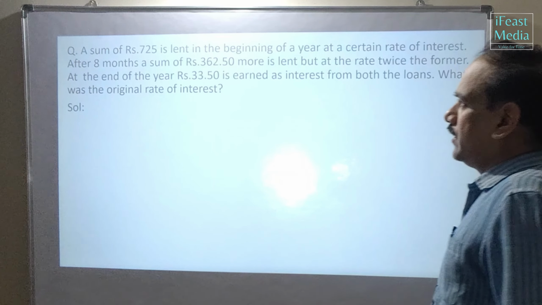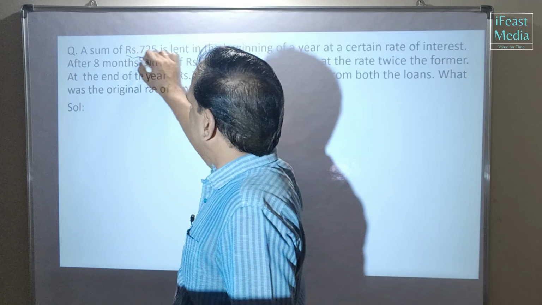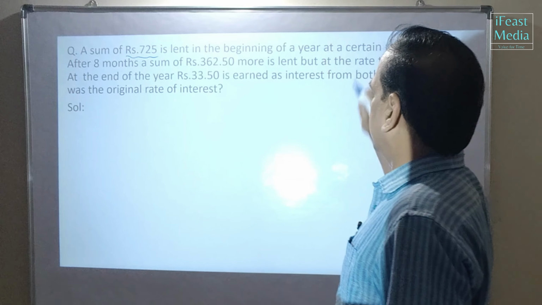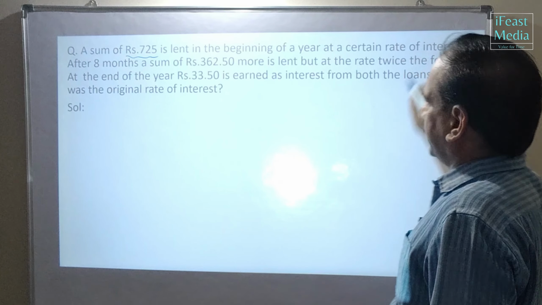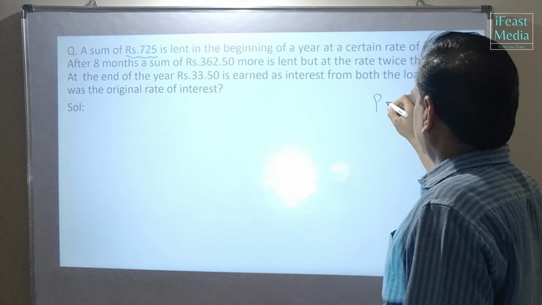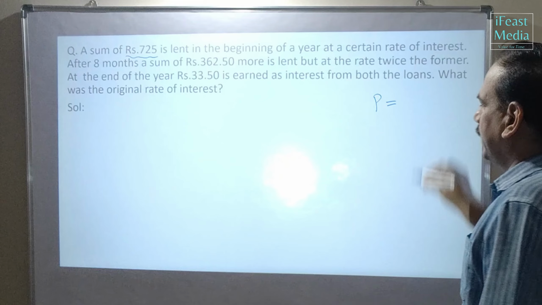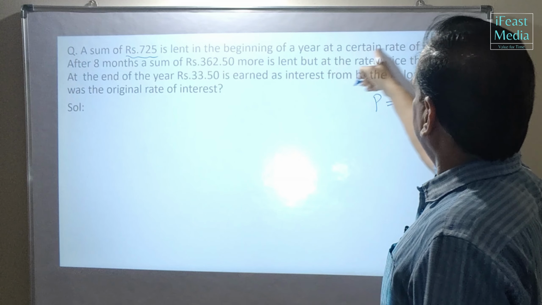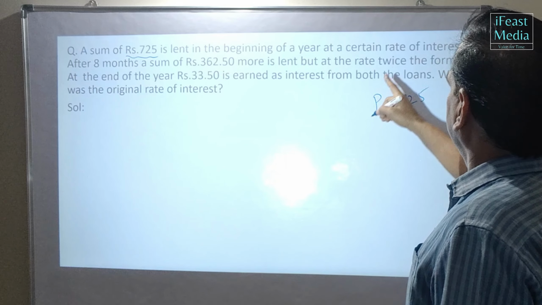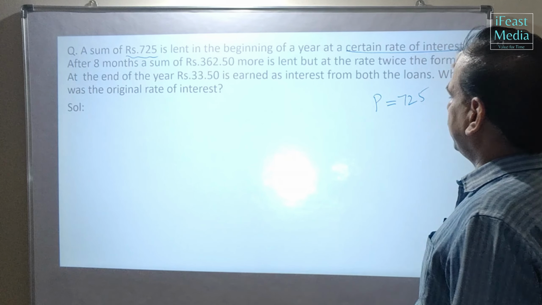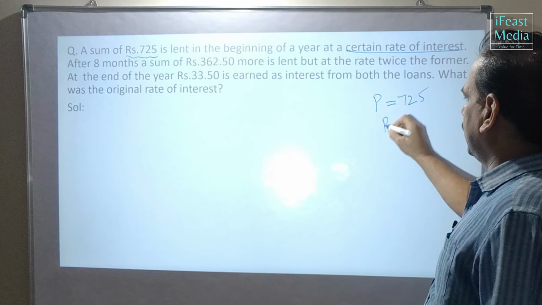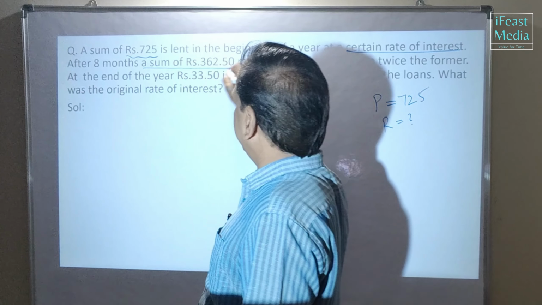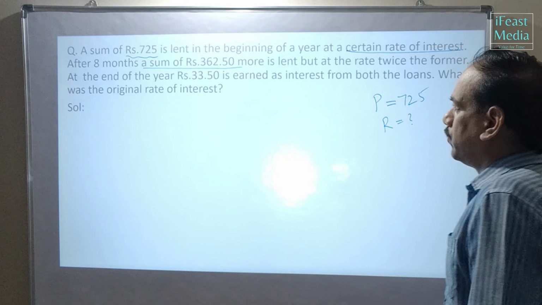So coming to this one, a sum of money 725 is lent out in the beginning of a year at a certain rate of interest. So principal is 725, at the beginning of a year at a certain rate of interest. That means rate of interest is not given, it is unknown. After 8 months, a sum of money 362.5 more.